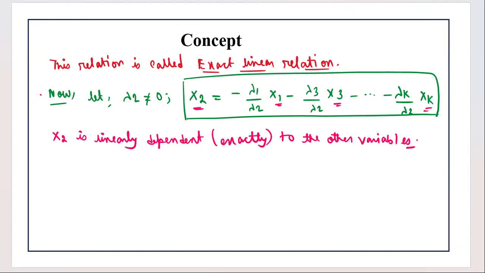So every x2 is dependent on every other variable that is present in your model. That too exactly, since it is again a linear combination. It's again a linear relationship, right?